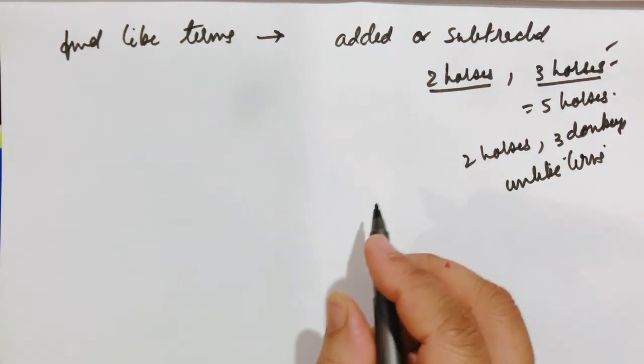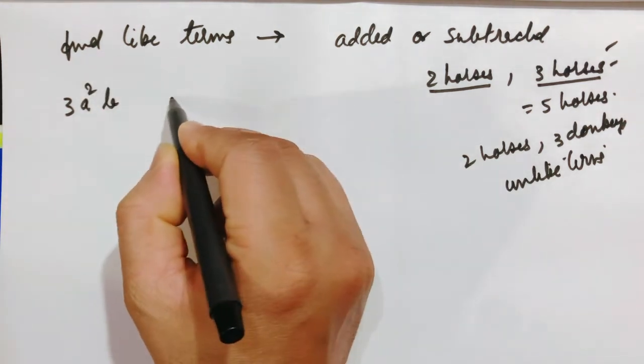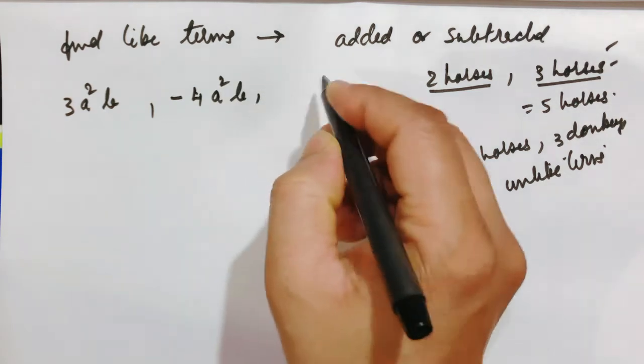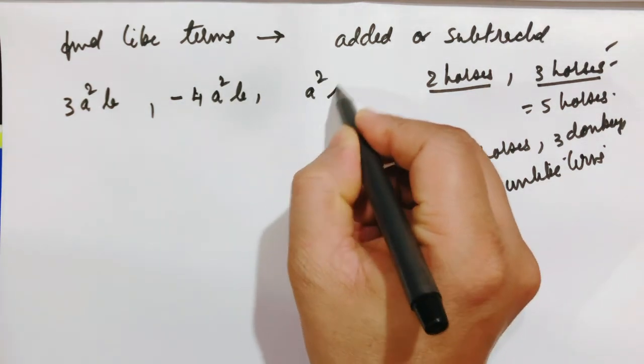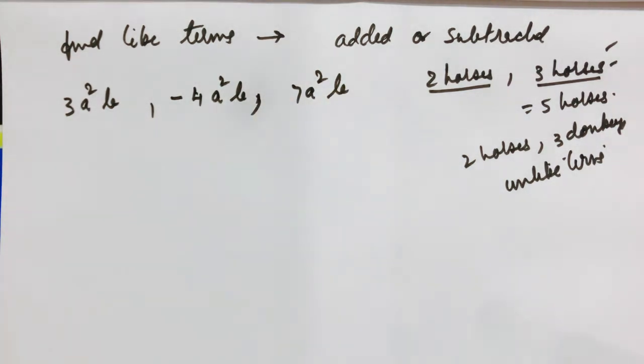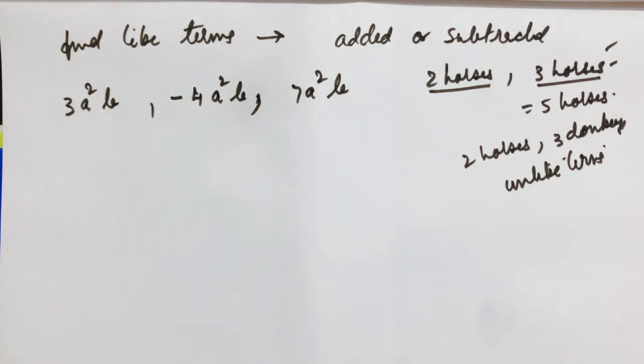Similarly, it happens in variables. For example, 3a square b, minus 4a square b, a square b, or 7a square b. What are these? These are like terms. Why? Because you can easily add or subtract them.